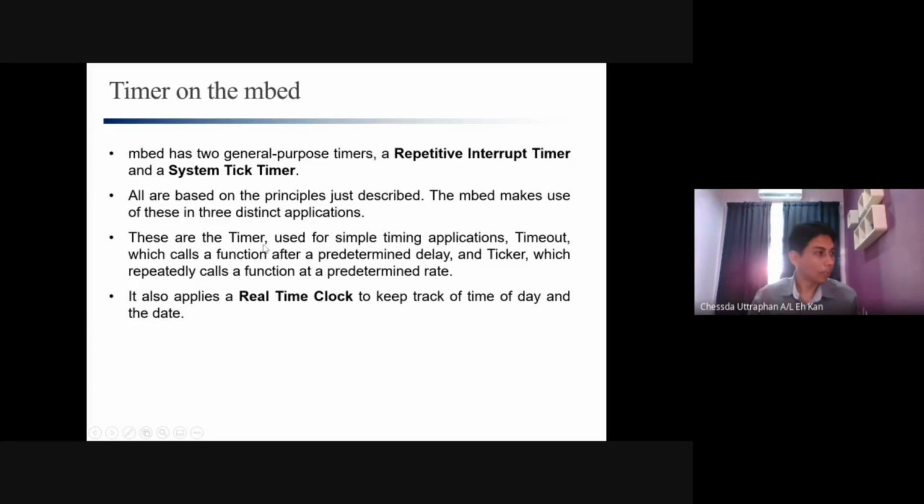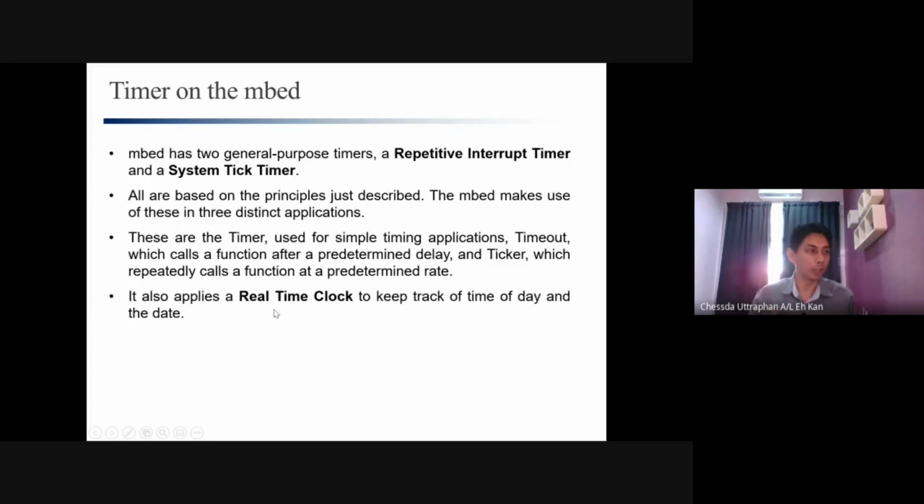And one more thing is what we call the real-time clock. Not all microcontrollers have this. Sometimes you need to buy an external real-time clock. But the Mbed has the real-time clock built in, because the microcontroller is quite big and expensive.